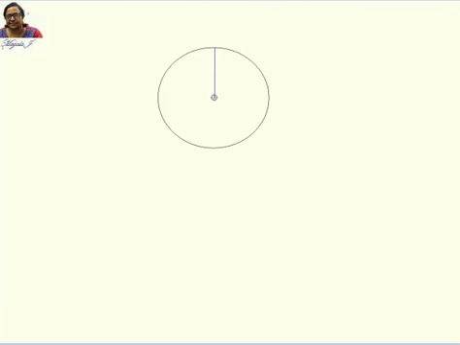That means they coincide with each other, right? When both of them are here, they are coinciding. And that happens at 12 o'clock, right? And what will be the next time when they coincide with each other?